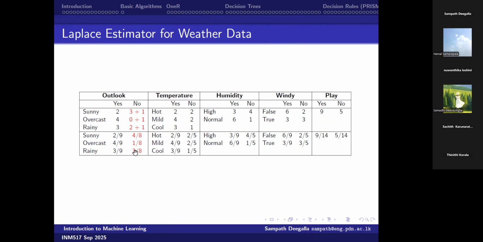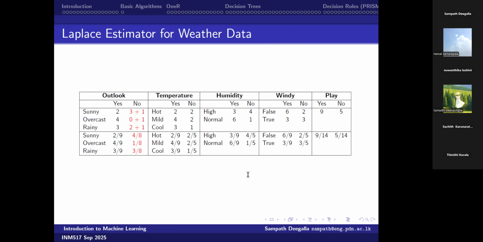So by doing so, what happens? Instead of 0, now we have 1 out of 8, which is small compared to the other values. So this is how we are going to handle it. In that case, we can now calculate the values, using the adjusted value instead of 0. That's how we handle the zero frequency problem.